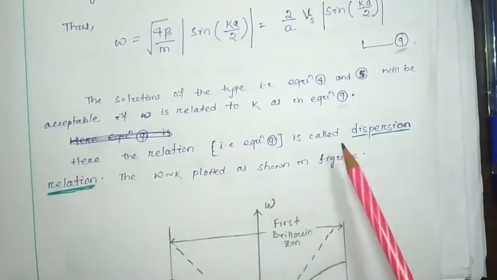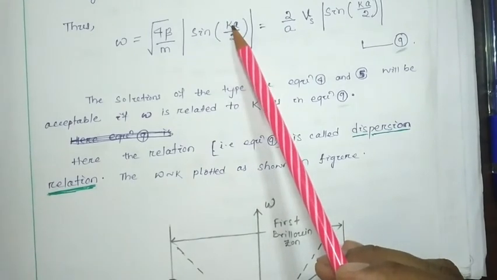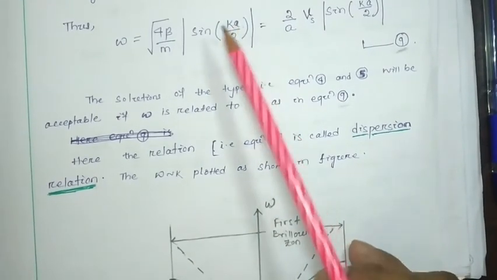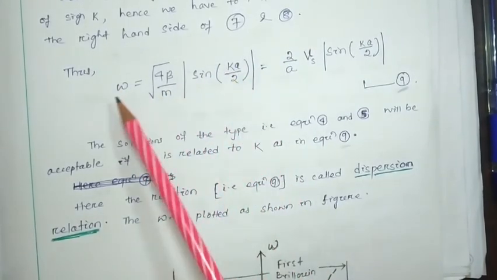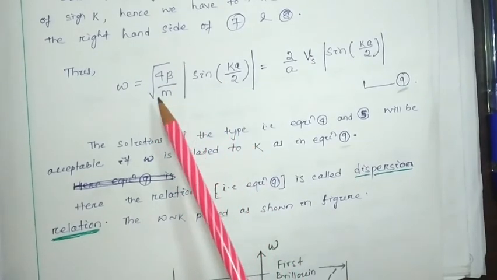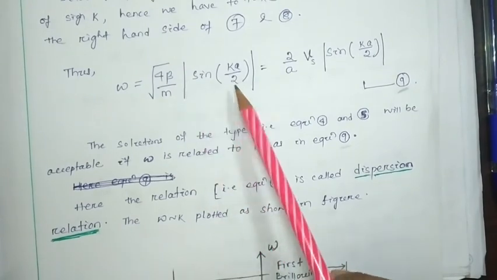A dispersion relation means an equation that represents the relation between wave vector and frequency. Whenever wave vector and frequency are related by any equation, that will be called a dispersion relation.